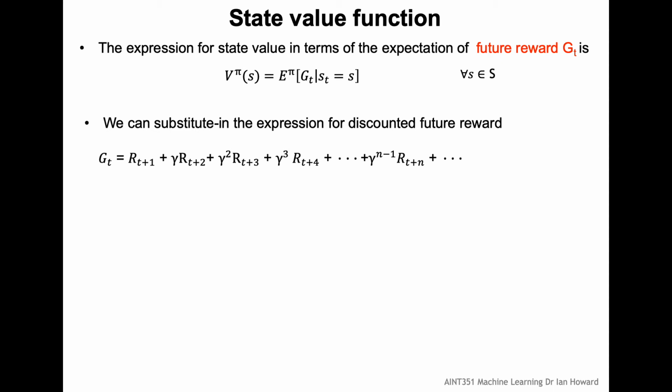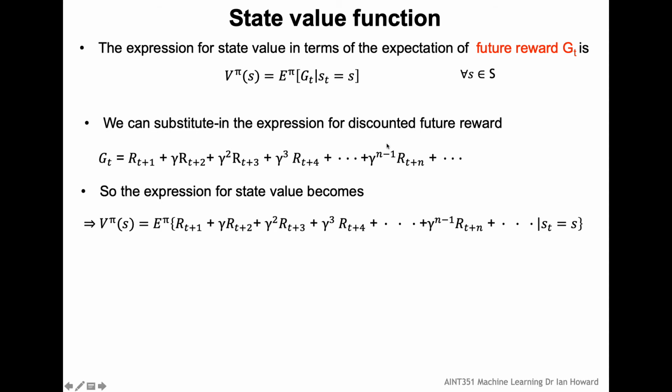And secondly, it means that this series is going to converge even if the task never actually gets to a goal. So we can rewrite the expression for value under a policy pi for state S as the expected value of all of these discounted future reward terms.